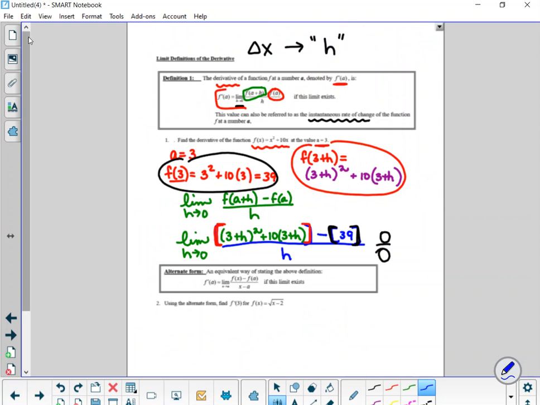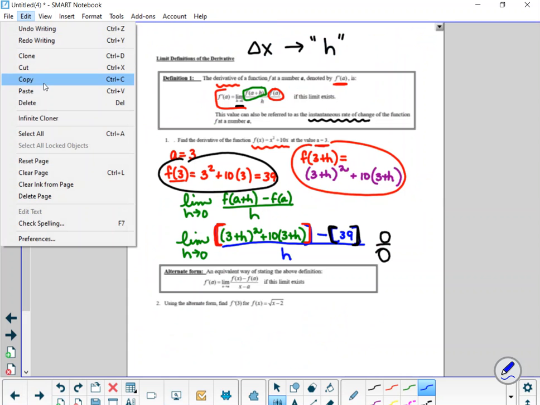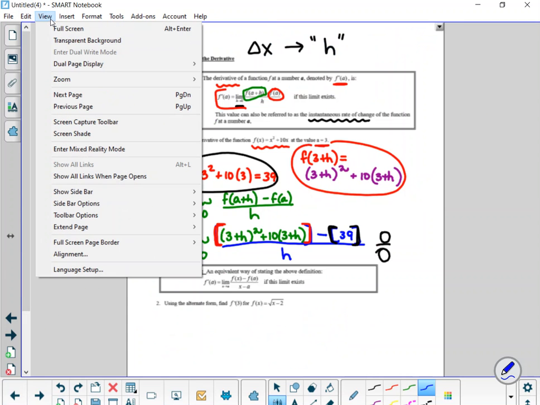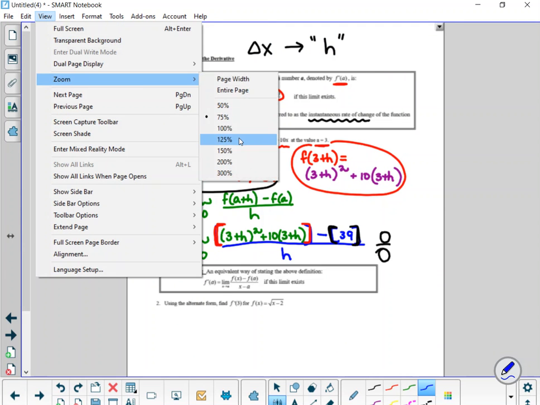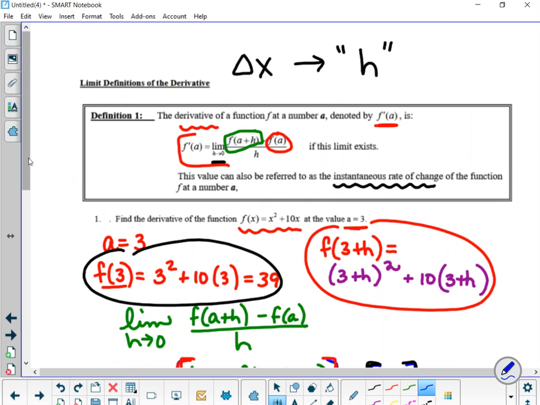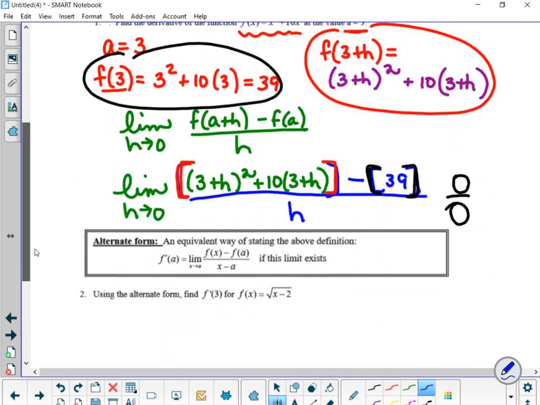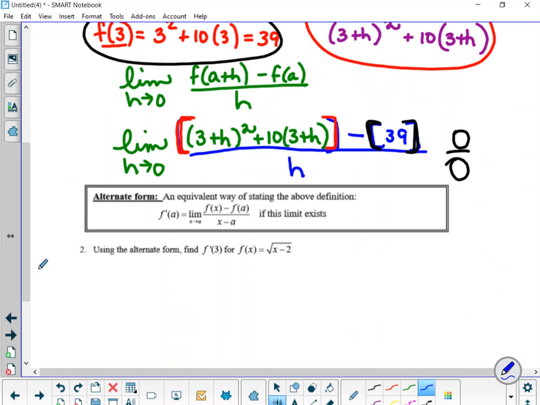Now, there is another form for the limit definition of the derivative. This one is more about, instead of taking one point and moving it close to the other so that delta x becomes a 0, taking the 2 points and moving them close together.